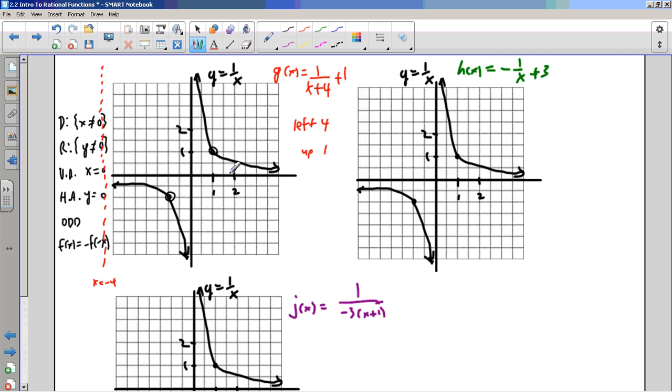So where the asymptote was, it gets moved up 1. And all of the nice points, which isn't many, I realize, move the same way. Left 4, 1, 2, 3, 4, and up 1.